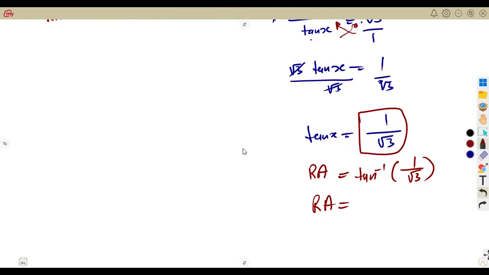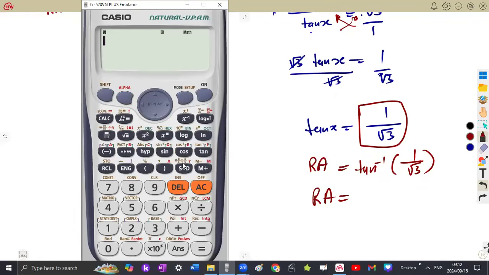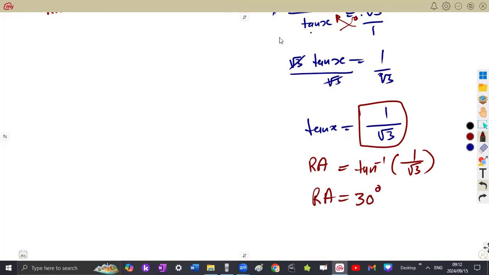So that's shift tan, 1 over the square root of 3. Okay, so that is what you're going to have, arctan, which is 30 degrees. So our reference angle will be 30 degrees.